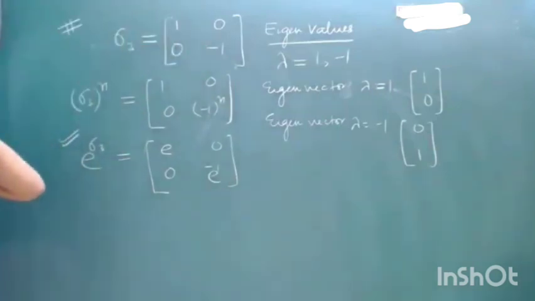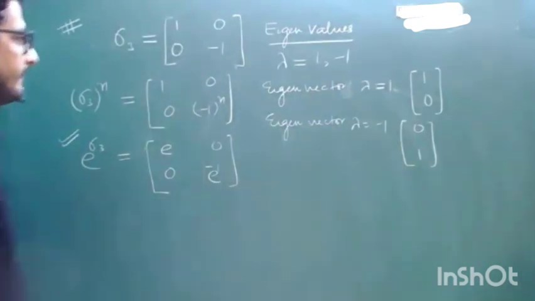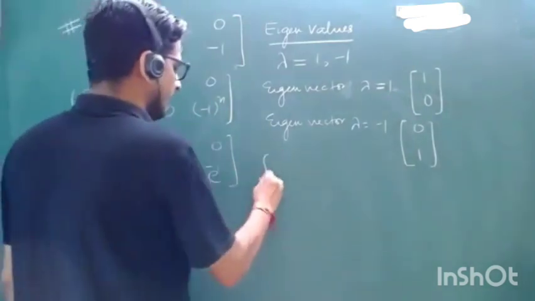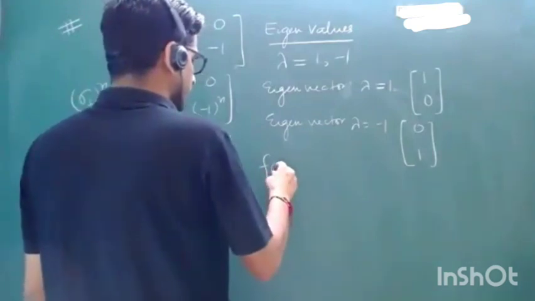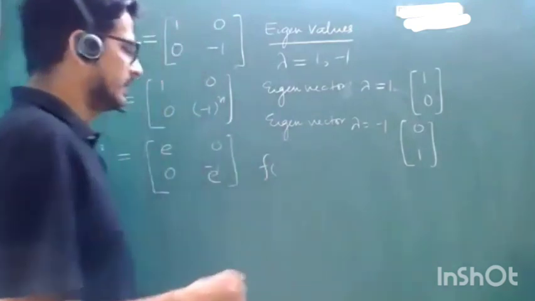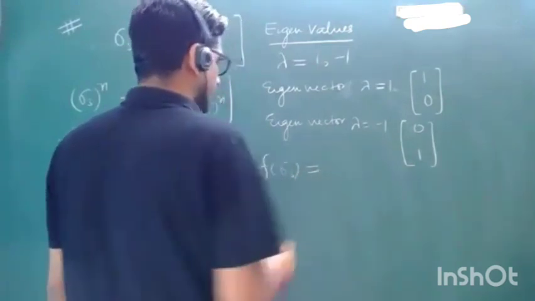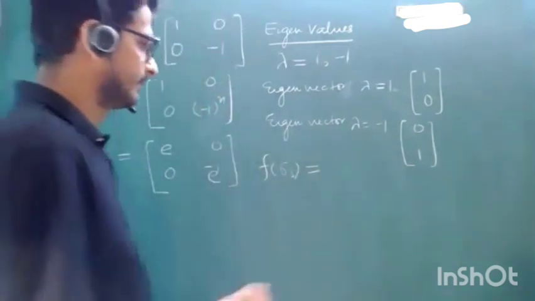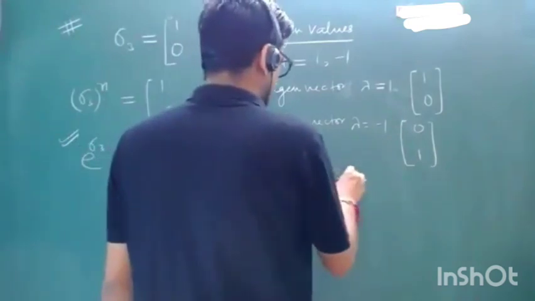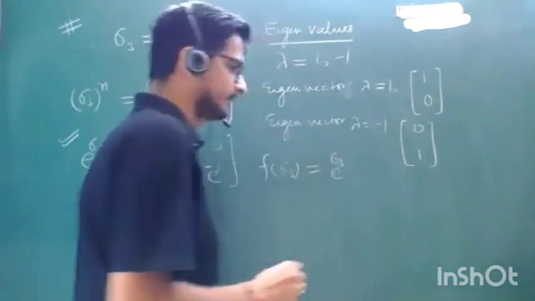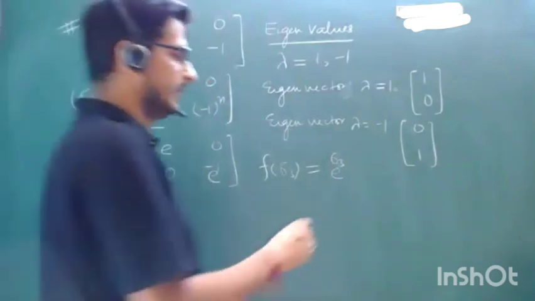Okay, so now using the spectral decomposition method, we know that f of this A, here f is sigma 3. F of sigma 3 will be equal to e of sigma 3 into inner product.